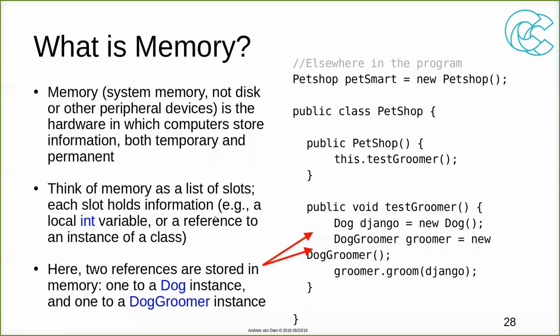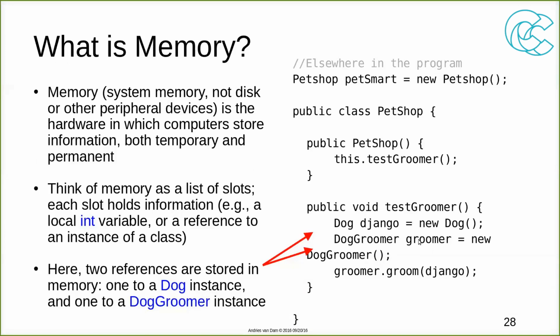Okay. And then we discuss the memory in terms of the pet shop example that we have been looking at for the past couple of slides. There's a class called pet shop, and it has the constructor. In one of the methods, called test groomer, we create an instance of dog called Django, and then an instance of the dog groomer class, which is called the groomer.